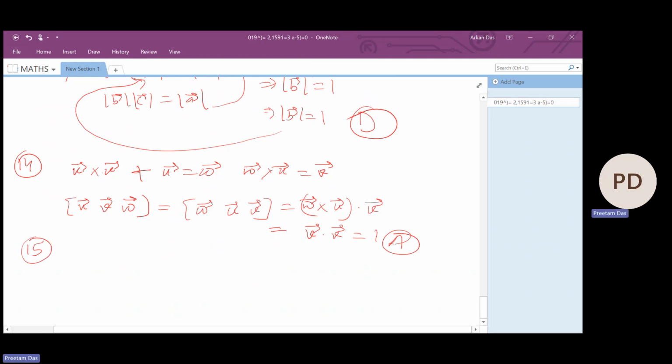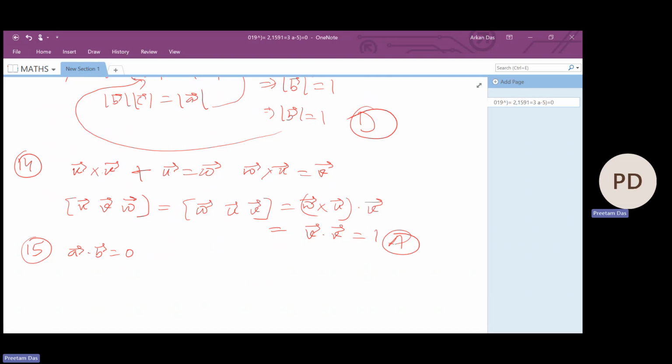Let us see the question number 15. So A and B are non-zero vectors perpendicular to each other. They have given. So A dot B, that means they are telling us 0. What is the other thing that they have told?